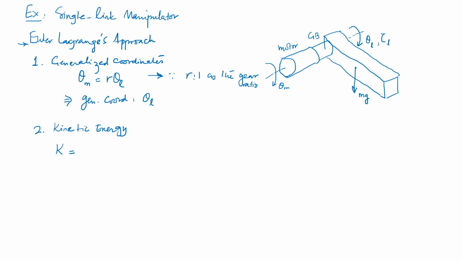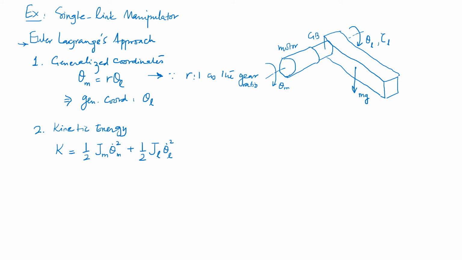If I write that down, this would be something like half the moment of inertia of the motor times the angular velocity of the motor, theta m dot squared, added with how the link is moving, which is going to have its own moment of inertia, let it be like JL, and theta L dot squared.